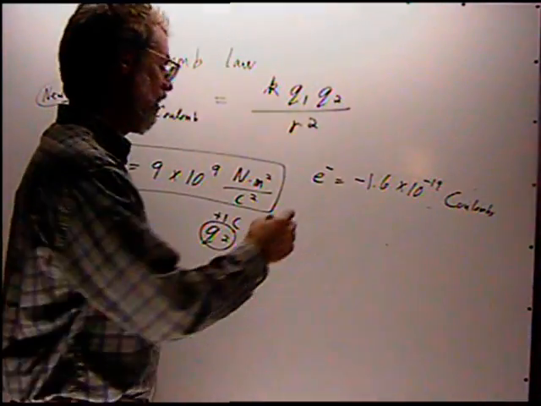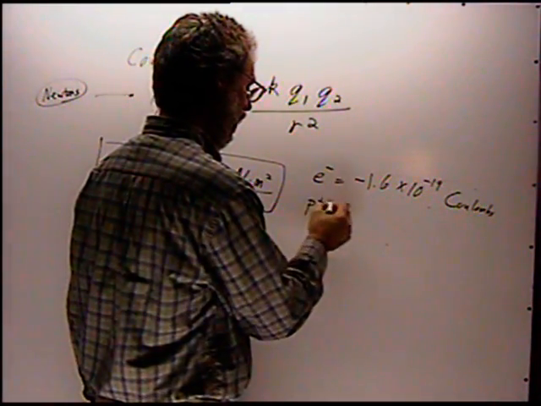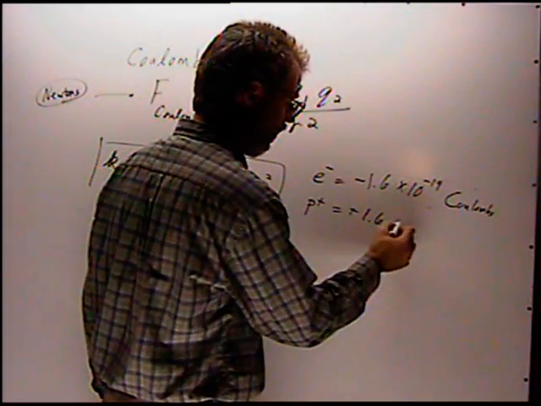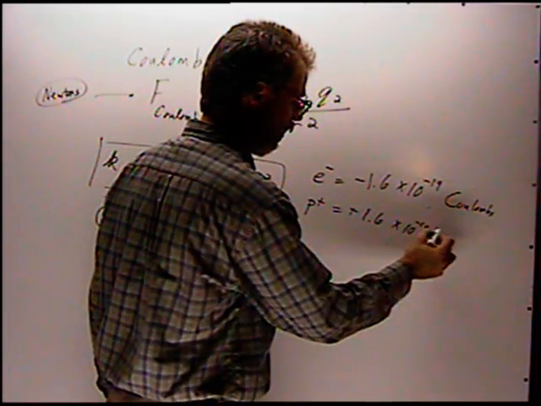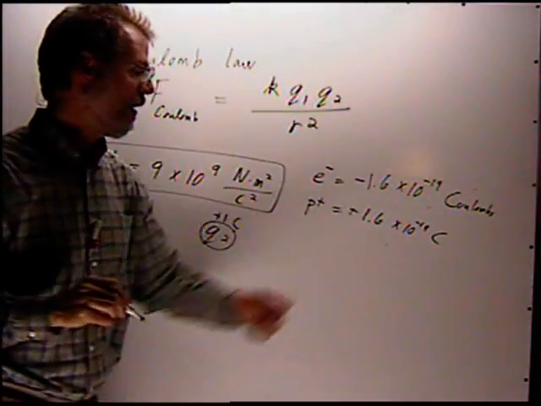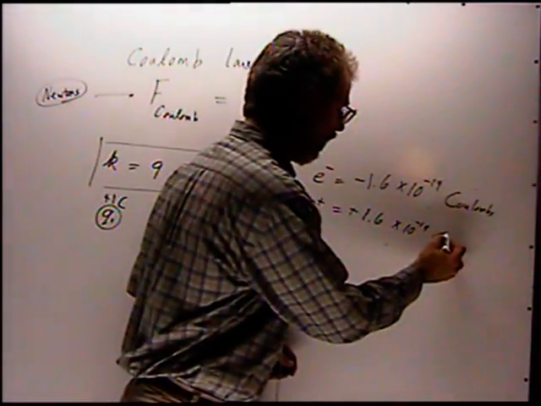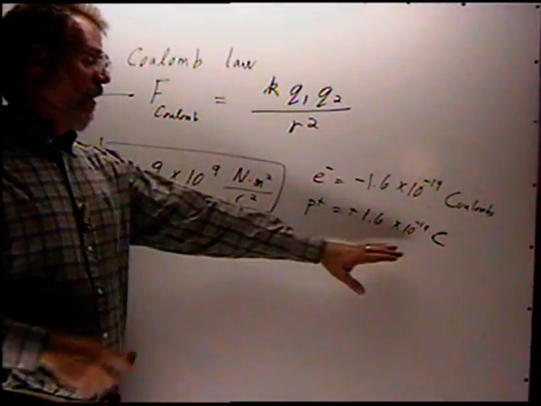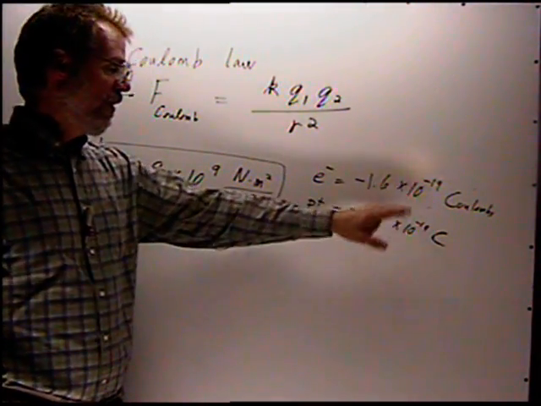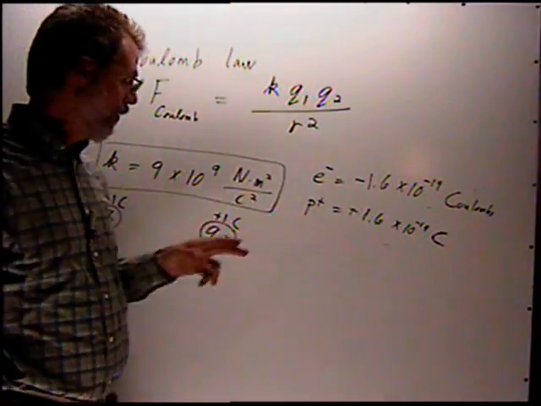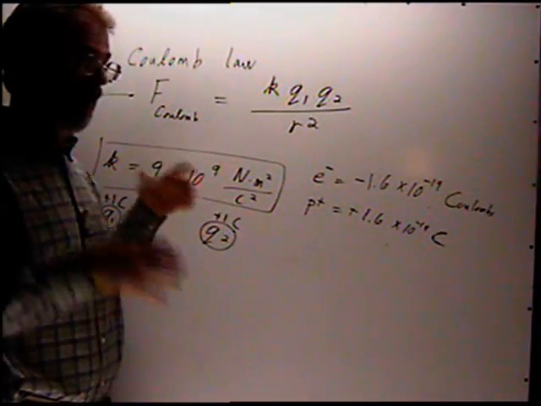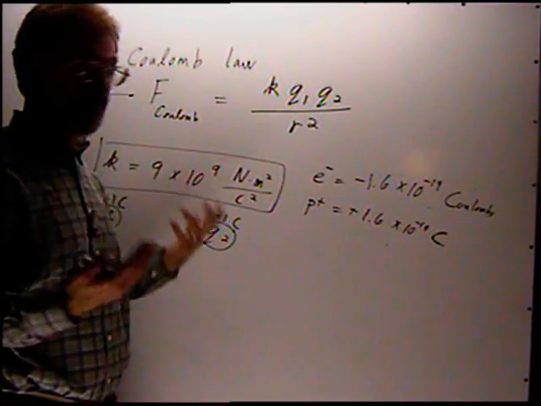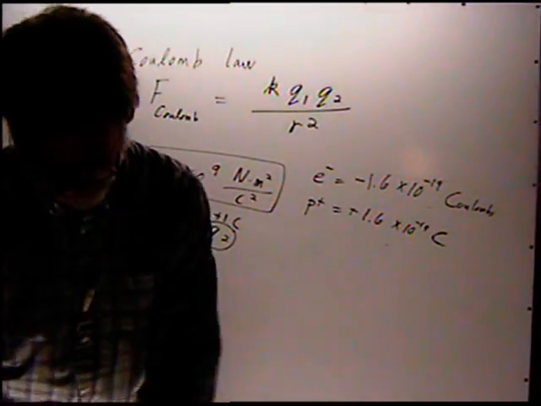And a proton is the same number, just a plus charge, plus 1.6 times 10 to the minus 19 coulombs. We just use a capital C. So an electron and a proton are in units of coulombs, but they're very, very small. If we say 1 coulomb, we're talking about a lot of electrons or a lot of protons, about 10 to the 19th.